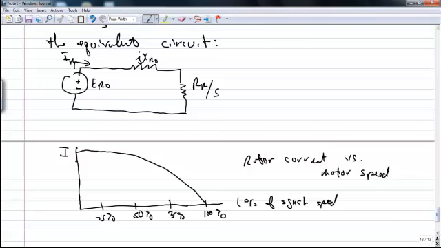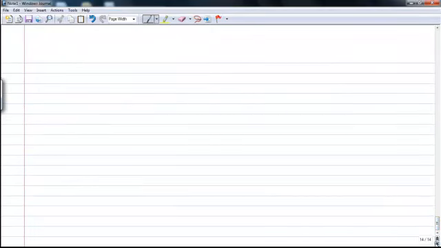Okay, now to complete our equivalent circuit, we've done this analysis on the rotor side. Now let's refer that rotor side to the stator side.